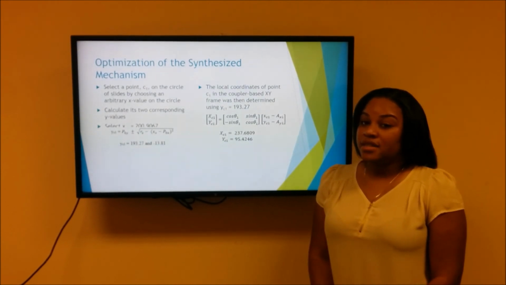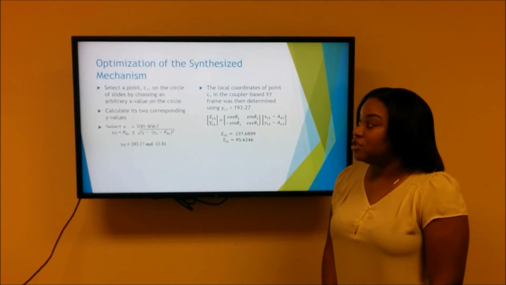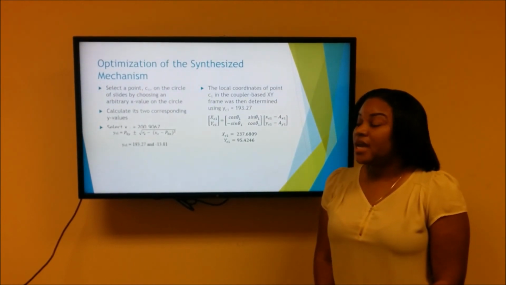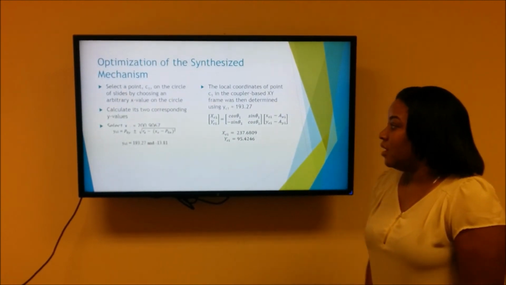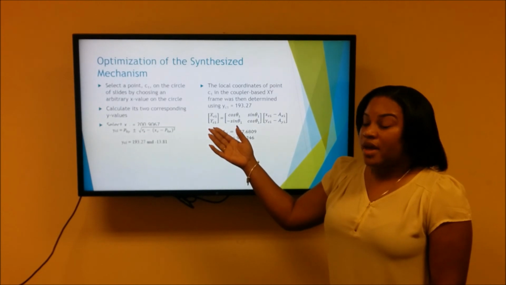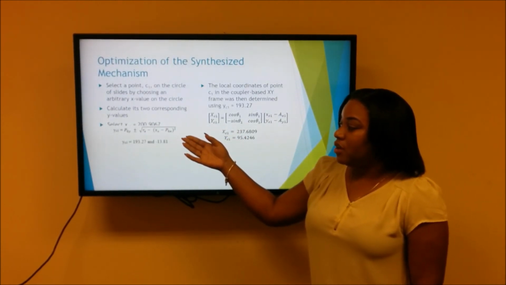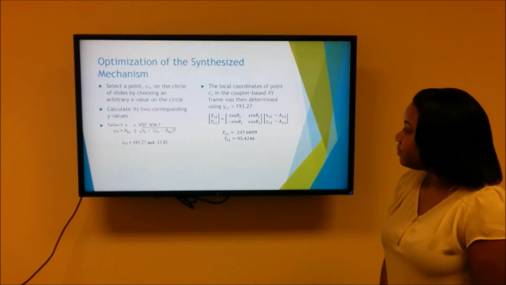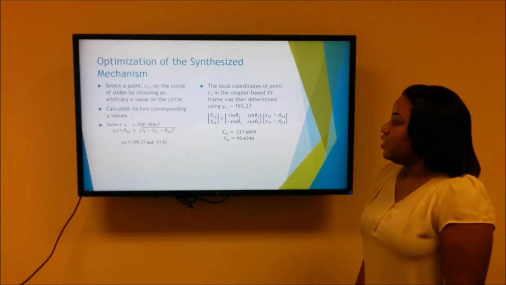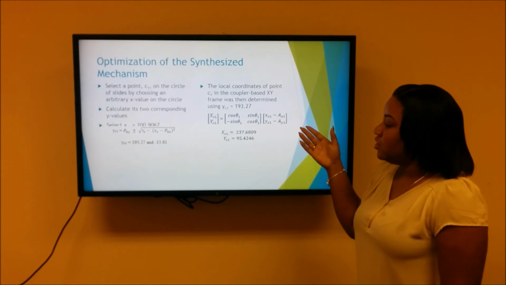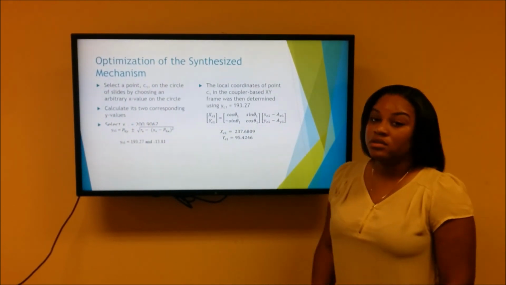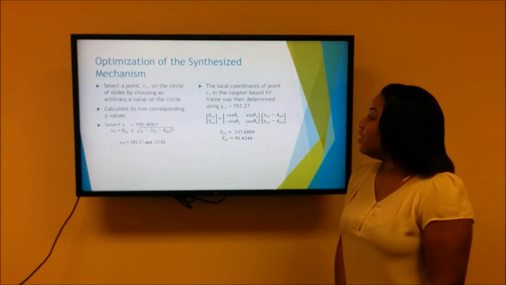Next, we selected a point on that same circle of slides using points P12, P13, and P'23. We chose a C, X value, and using this formula, we were able to find the 2 corresponding Y values. Then using this set of equations over here, we found the coordinates in the local capital XY coordinate system.